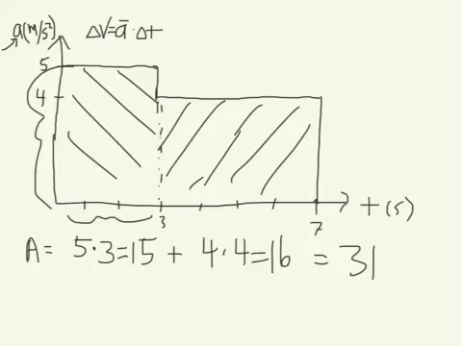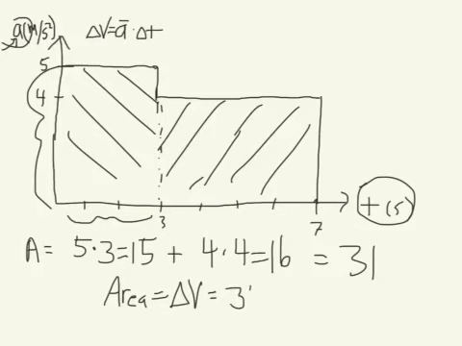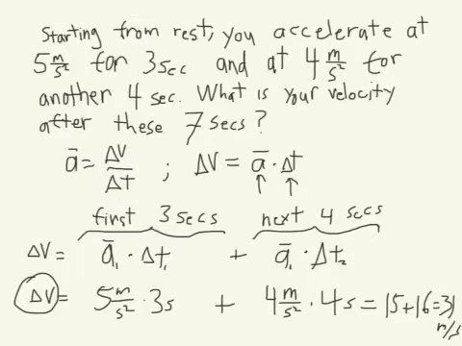So hopefully what I've convinced you is that if you look at the area under a graph of acceleration versus time, that area will be equal to the change in velocity. So I'm going to conclude that the area under this graph equals the change in velocity, which was 31 meters per second. And look, if you're not convinced yet, remember here was our 15 for the first 3 seconds for our change in velocity.